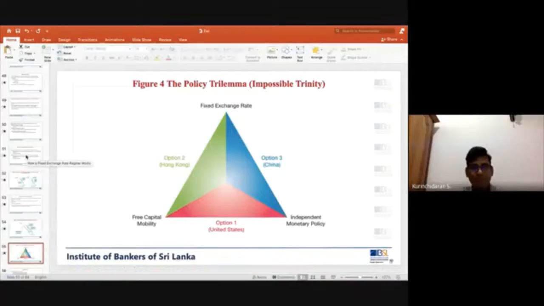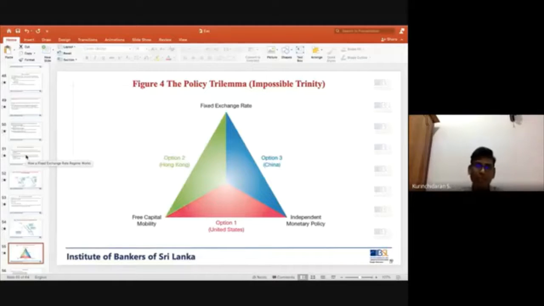And I would also like to show one graph or chart here. We call it the policy trilemma, or the impossible trinity. An economy always wants to have a fixed exchange rate, free capital mobility, and independent monetary policy.